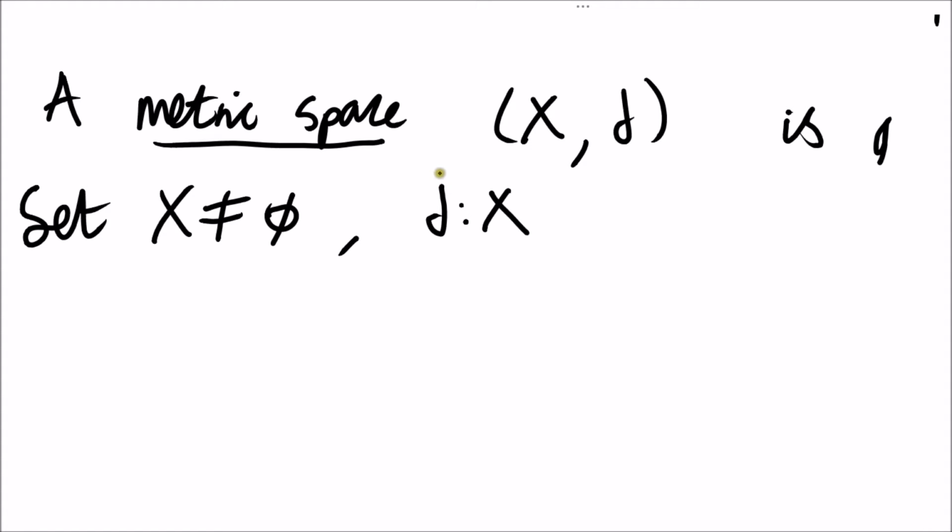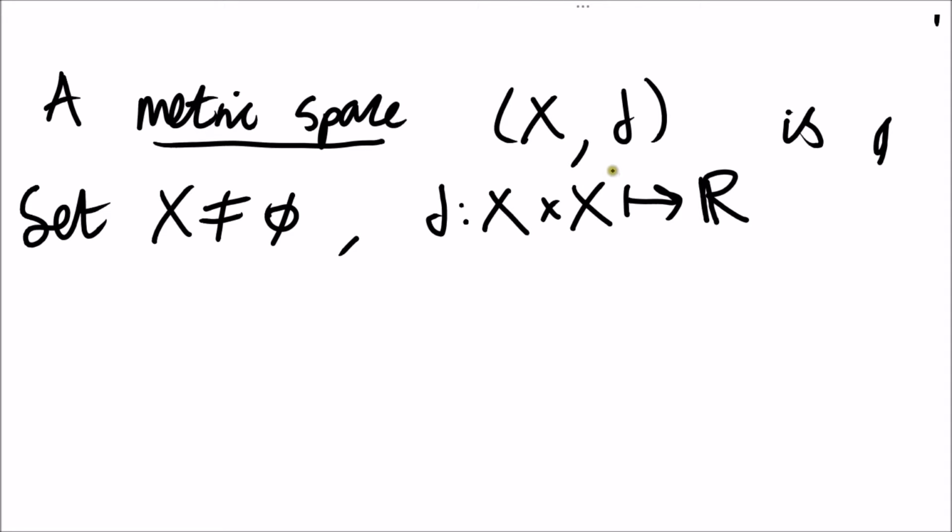So we could say that it's a mapping from the Cartesian product of X with itself to the set of real numbers. But basically, we just associate each pair of elements from X with a number.